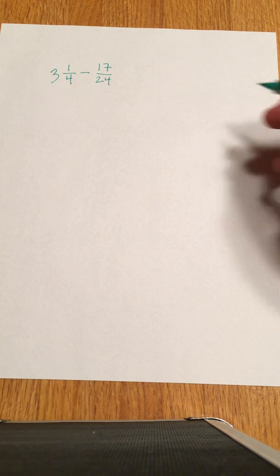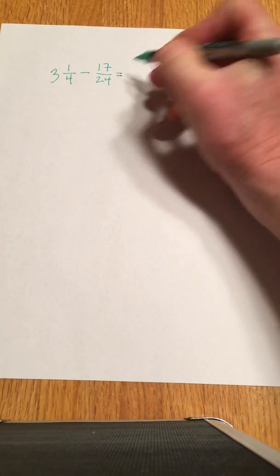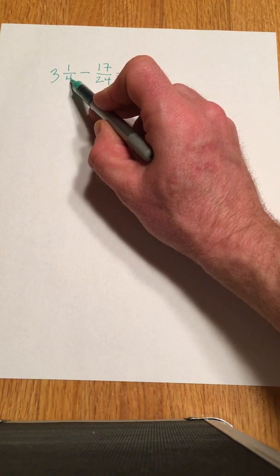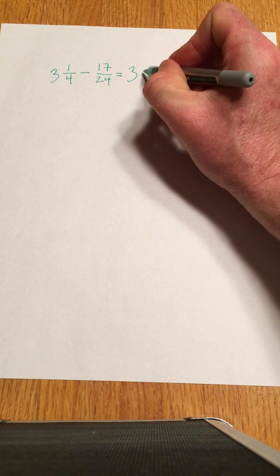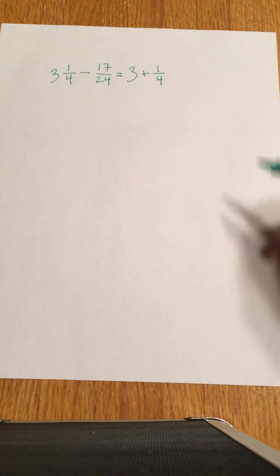Okay, so let's start by taking a look at what 3 and 1/4 is. When I say it out loud, 3 and 1/4, that just means it's 3 plus 1/4.